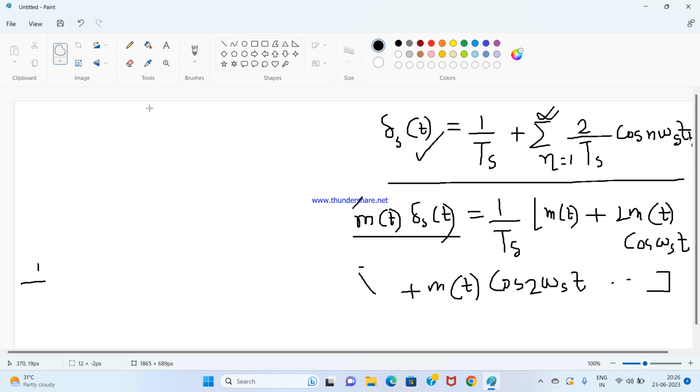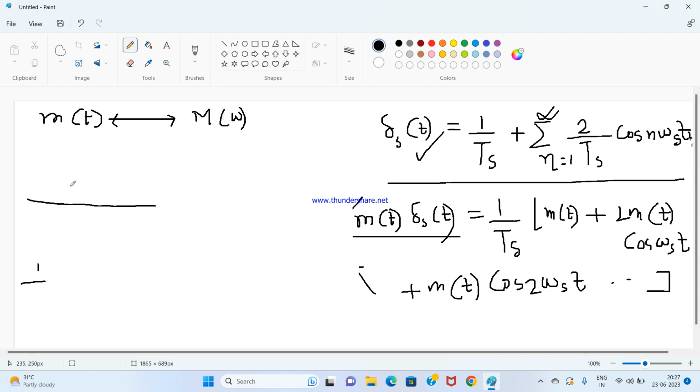Now let us consider that once this time domain message signal is transferred to the frequency domain, the Fourier transform we get, let us assume, is M of omega.